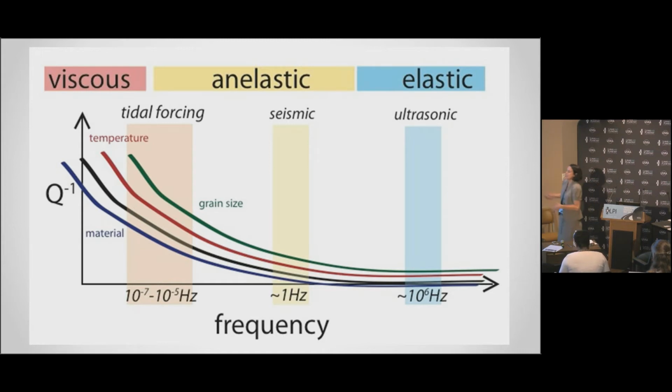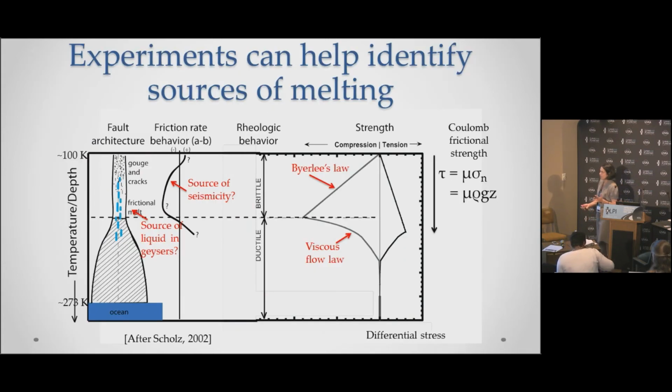Then if you got melt, it would too. So that's just to say that there's a possible feedback that can create maybe localized heating and ultimately maybe localized melting.